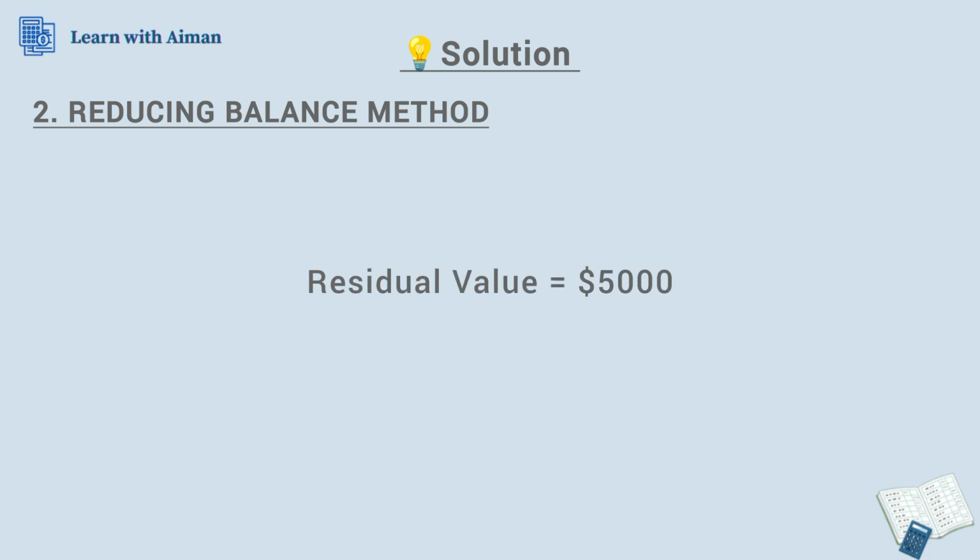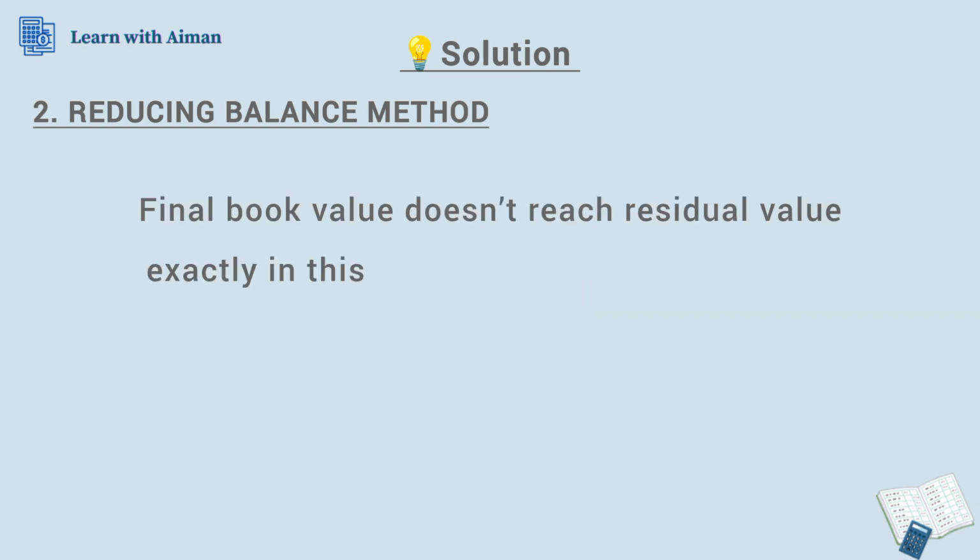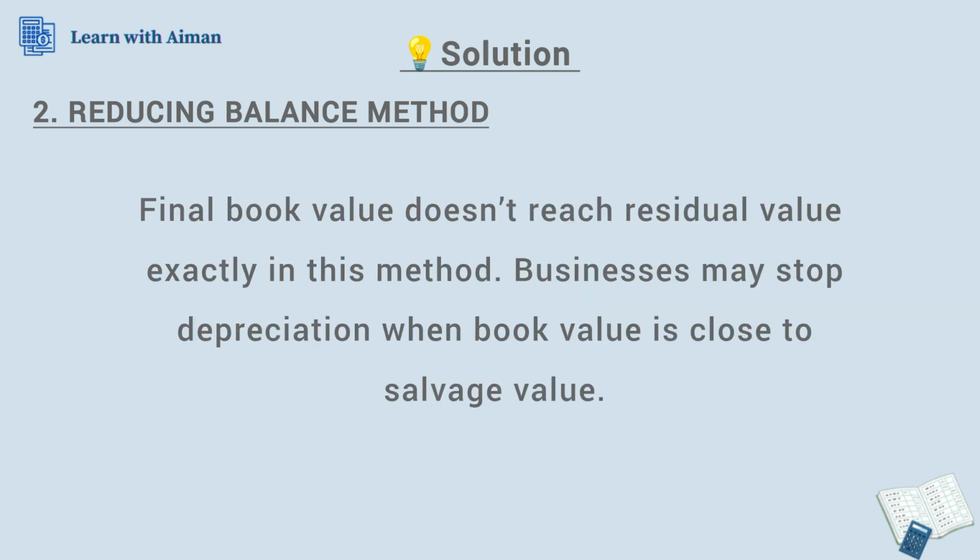As you remember, our residual value was $5,000, but in this method we got $11,865 in the end. The final book value doesn't match the residual value exactly in this method, so businesses may stop depreciation when book value is close to salvage value.